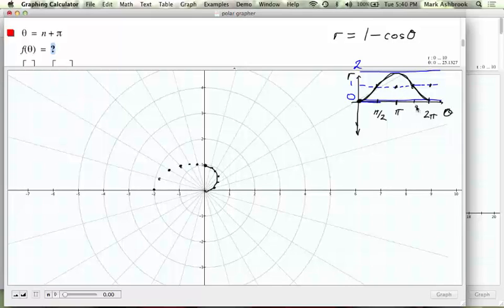And then from pi to 3 pi over 2, it decreases down to what? 1. And then from 3 pi over 2 to 2 pi, it decreases to 0. So with each angle that you come in like this, R is decreasing along those radial lines. Do you see that?